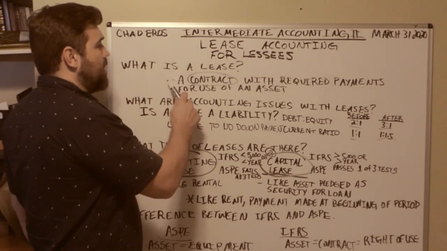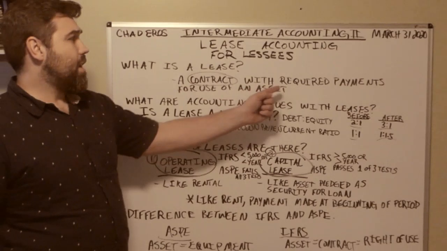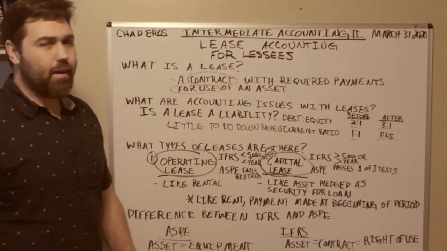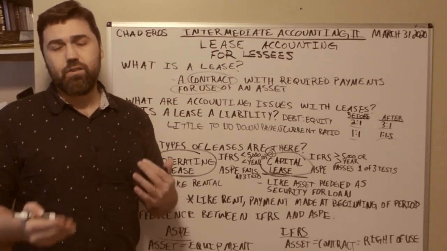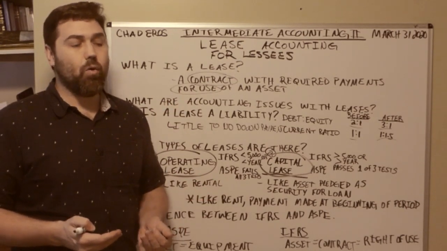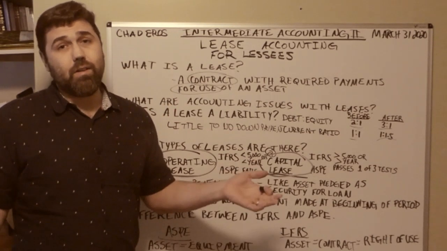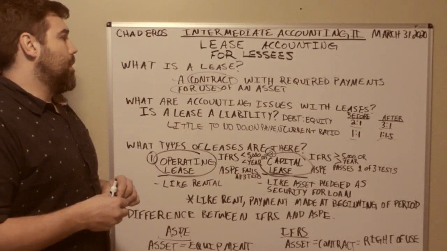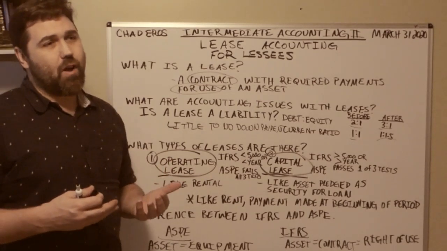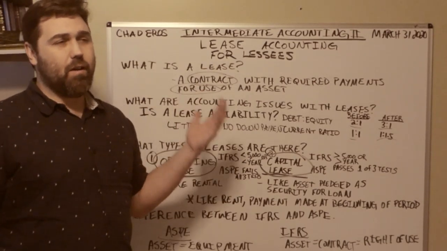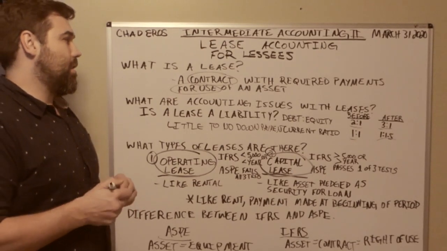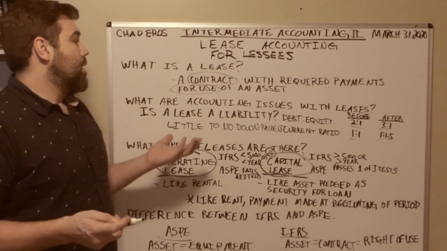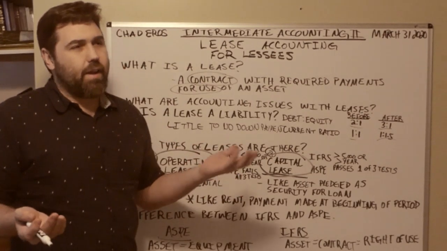Because a lease is actually a contract with required payments for use of an asset. And I actually really like the discussion that the KESO textbook has about what actually is an asset. It gets a little bit philosophical. I think it mentions a philosopher or something like that, which I thought was really neat, because that really is an asset, right?